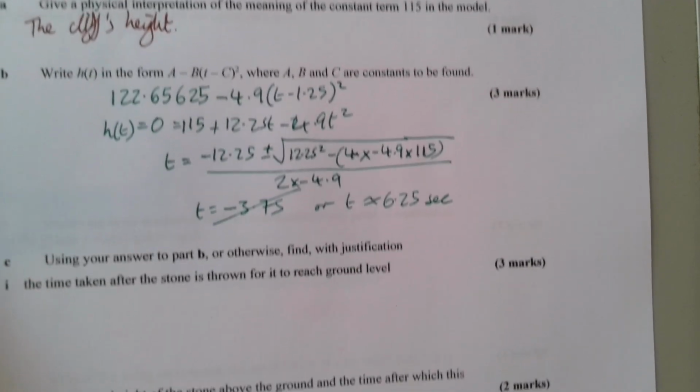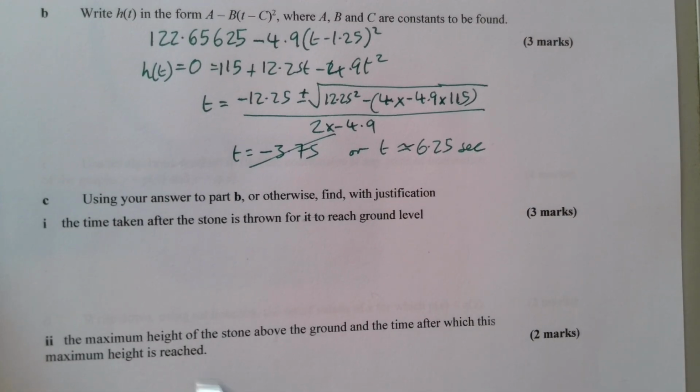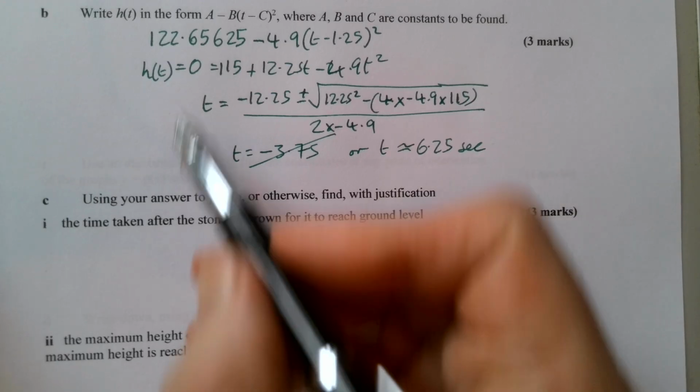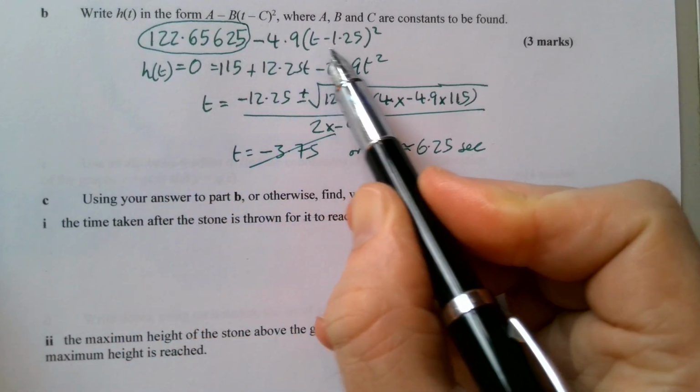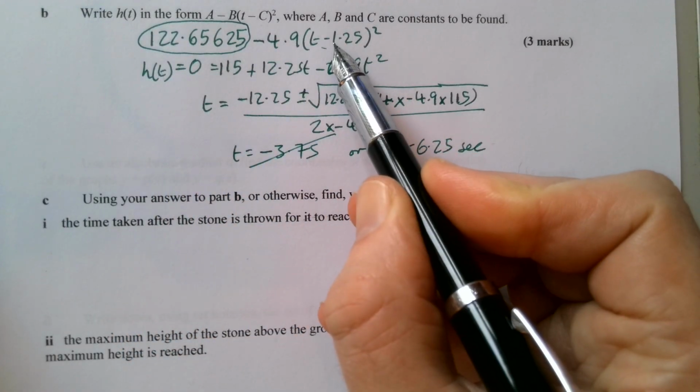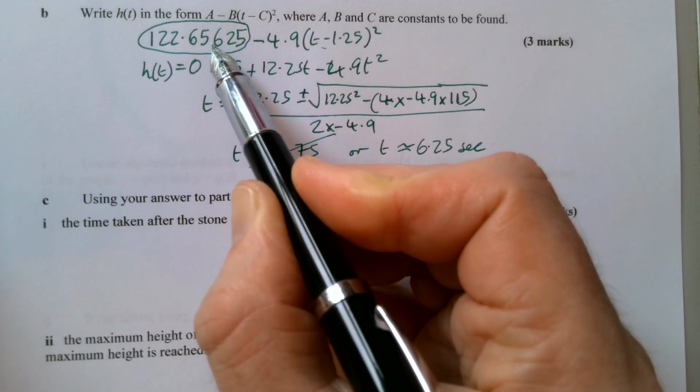Right, and then the last part, the maximum height of the stone. Well, this is using what we did with completing the square, because the height of the stone is going to be our constant value there, because when this is equal to 0, that's going to be the biggest value we could have.